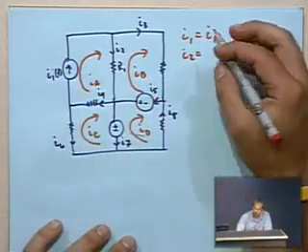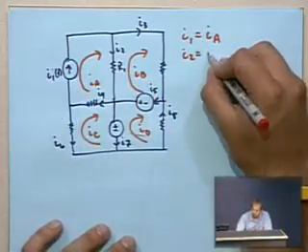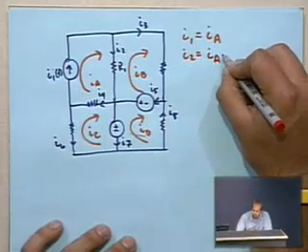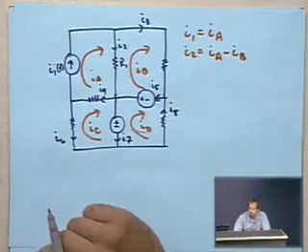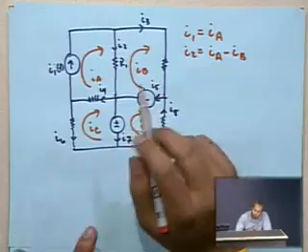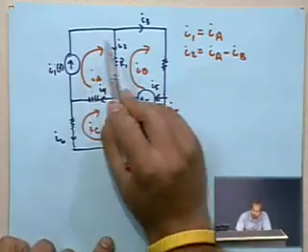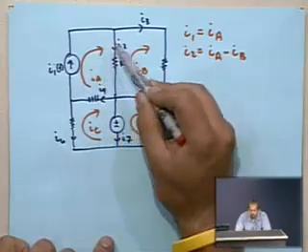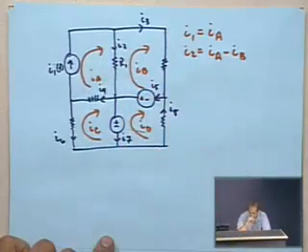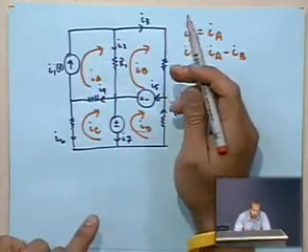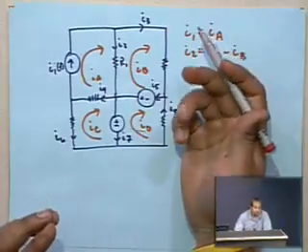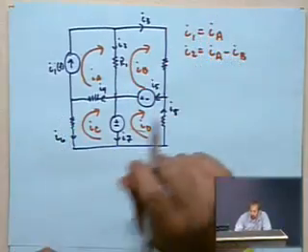If they're flowing the opposite direction, then it's the difference between IA and IB that gives us the value for I2. And we put the IA first because it's flowing the same direction as what we've defined I2 is flowing. If we wanted to, we could change the direction of I2, and that wouldn't matter.